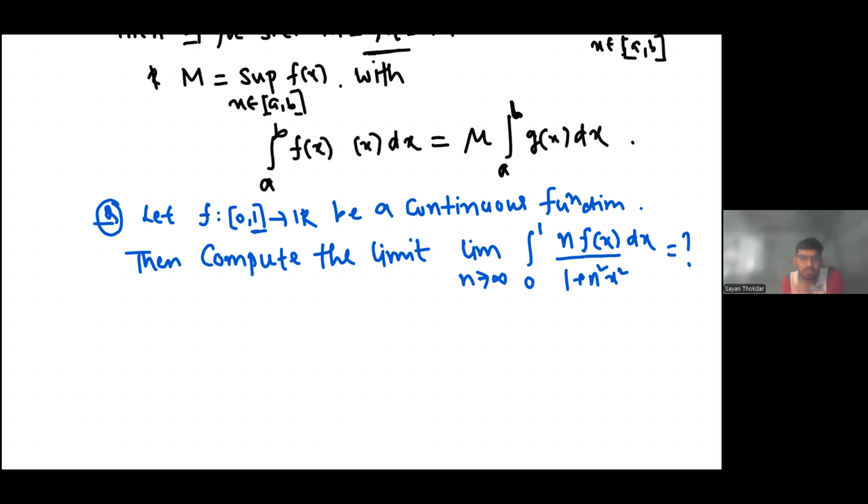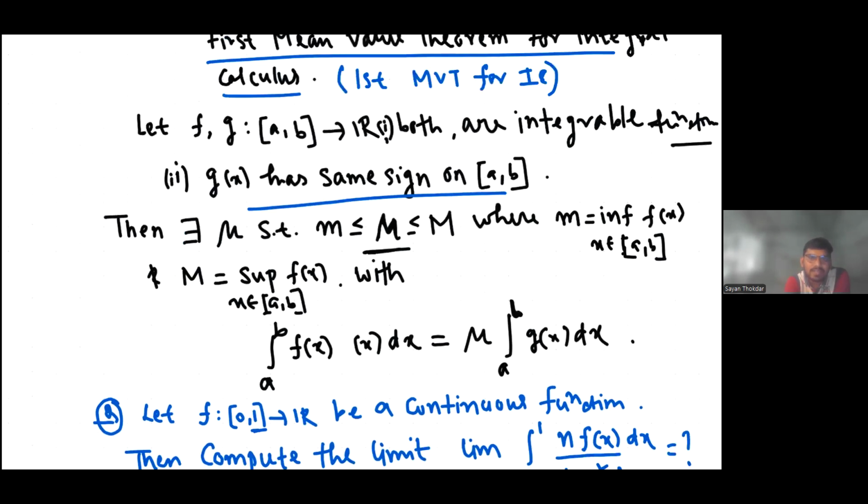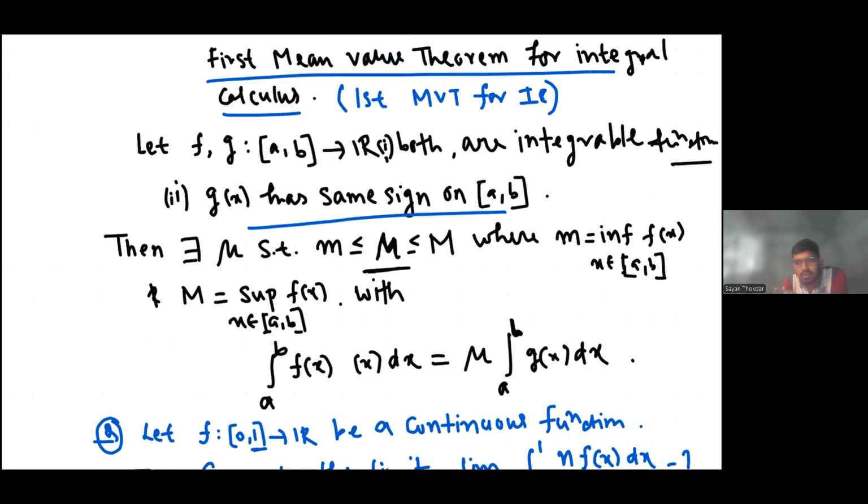First of all, you see that f is given to be a continuous function over the closed interval 0, 1. Now if we look at the first mean value theorem, what does it say?